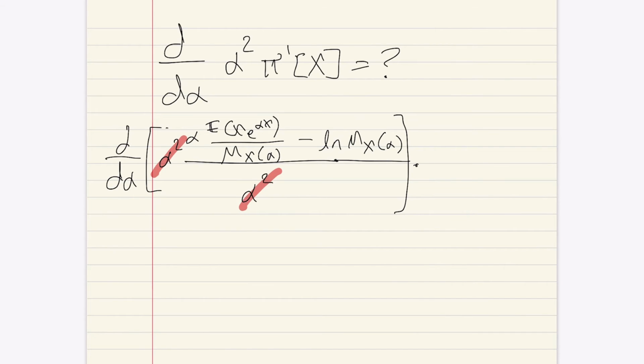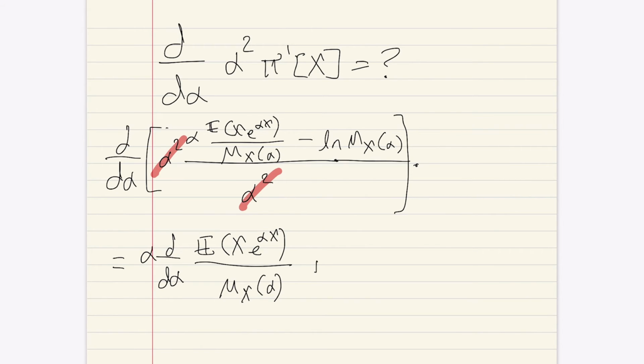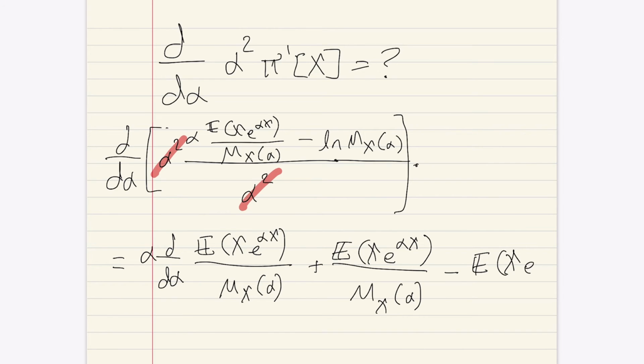But it is not difficult to see that this thing here equals alpha times the derivative with respect to alpha of the expectation of X times the exponential of alpha X divided by this, plus the expectation of X times the exponential like this divided by this moment generating function, minus the expectation of this expression here.